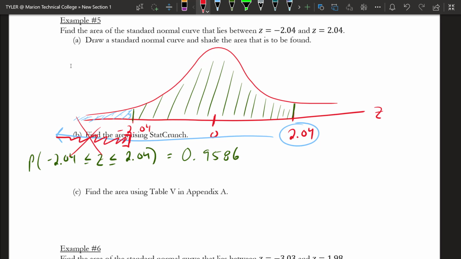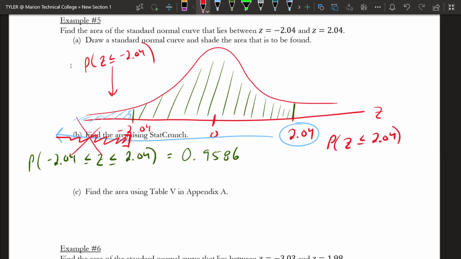So this blue area would be the probability that z is less than or equal to negative 2.04. So the whole area to the left of 2.04 would be the probability that z is less than or equal to 2.04. And then the area I want to subtract or get rid of is the area to the left of my smaller value.